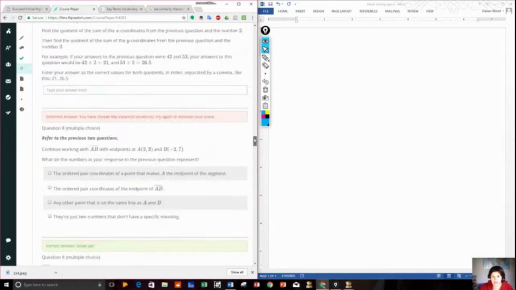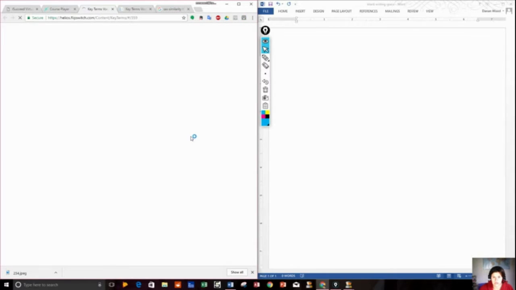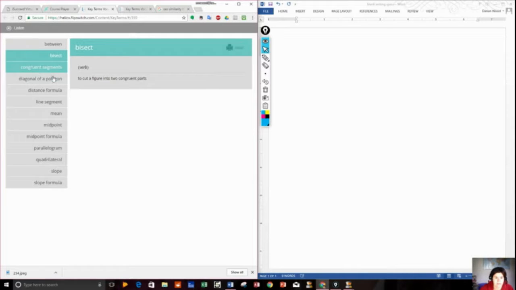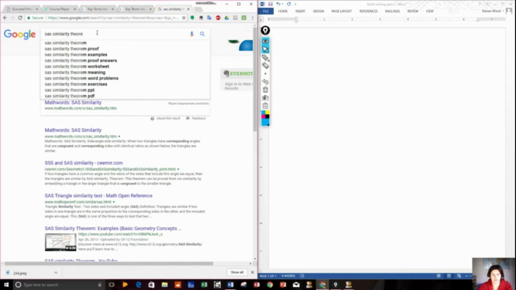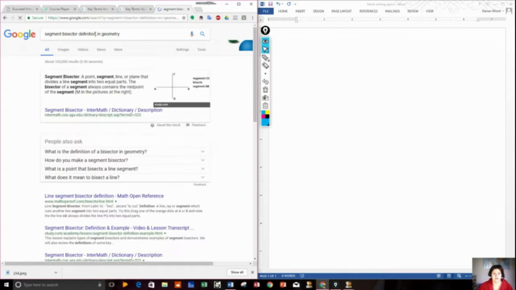And another thing that I could do is scroll up here, go to our key terms, and look for segment bisector, which they have bisect but not segment bisector. So the other thing I could do is type it into Google: segment bisector definition in geometry.